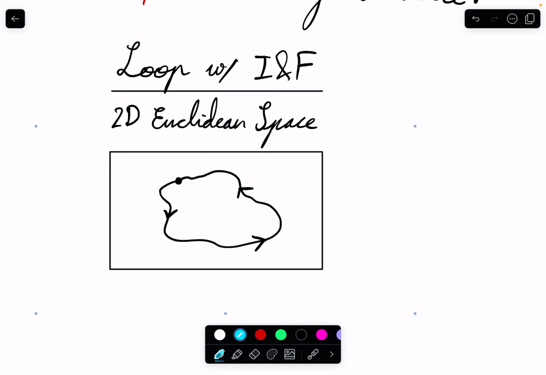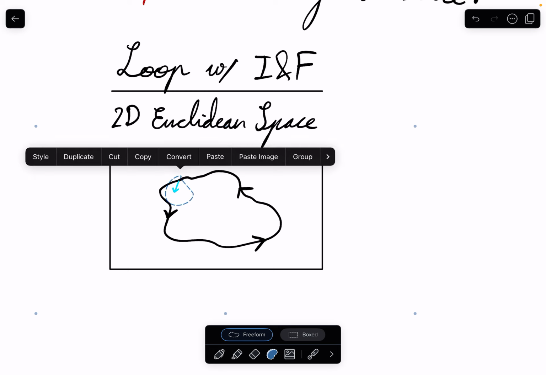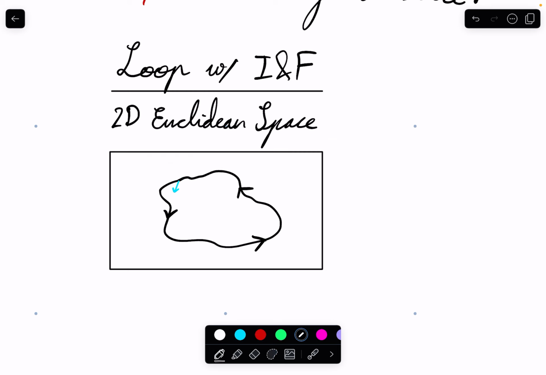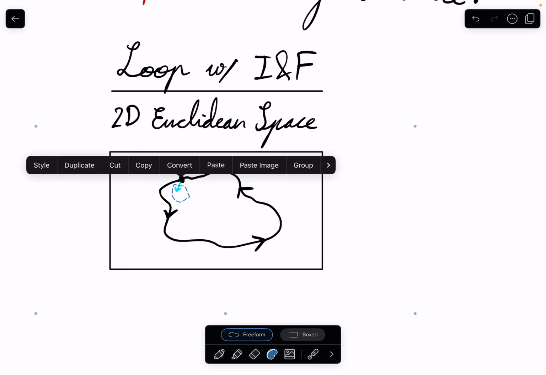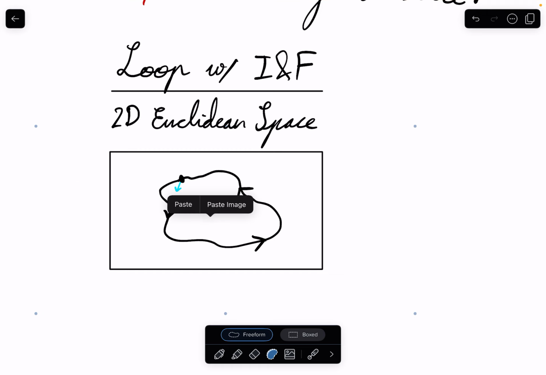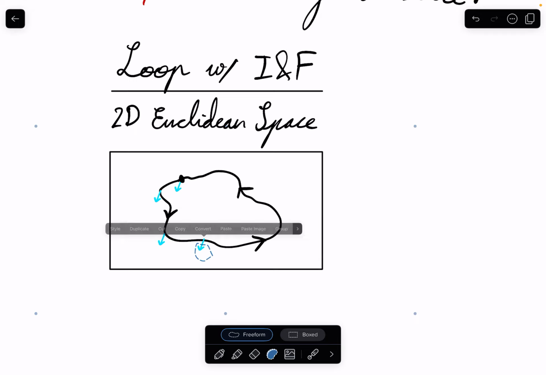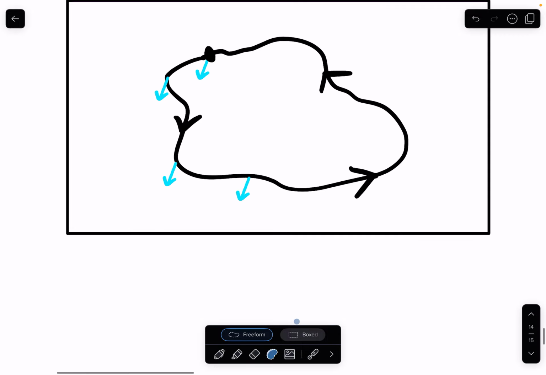So what would this look like specifically? If I have a vector like this, then start here, copy. So if I have this vector right here, copy that, and I transport it along. So it looks like this.